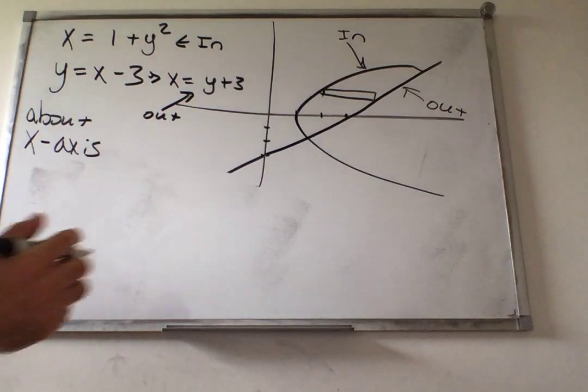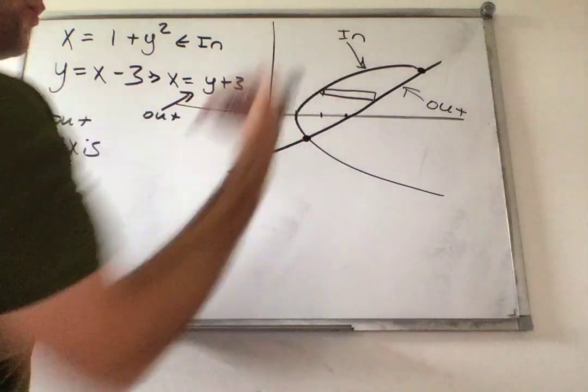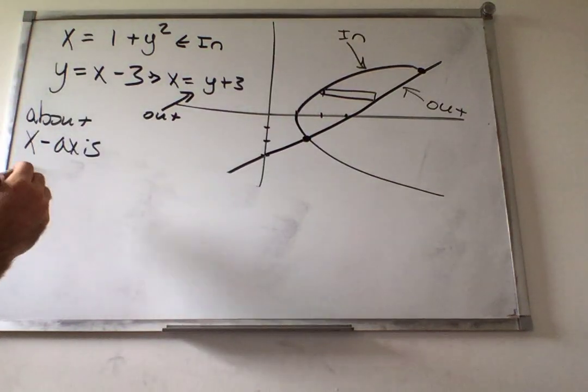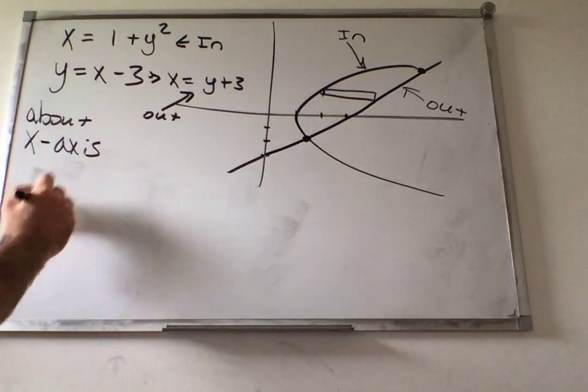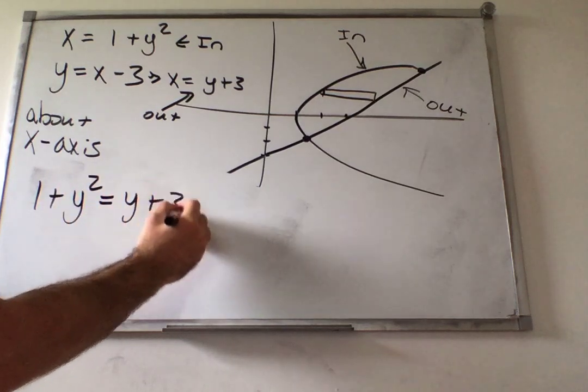Now, what I need to do is find my limits of integration. From where to where am I integrating? You just set the two equations equal to each other. 1 plus y squared is equal to y plus 3.